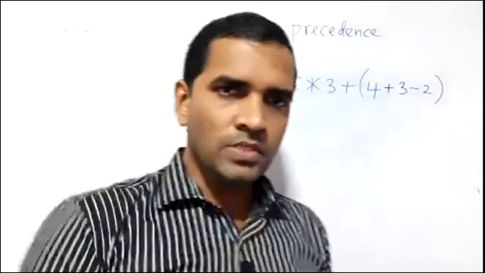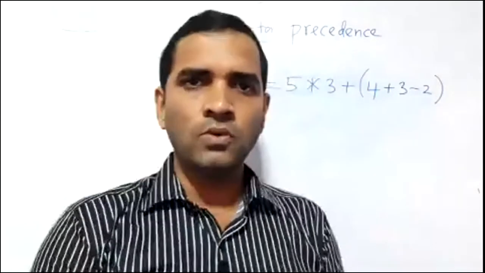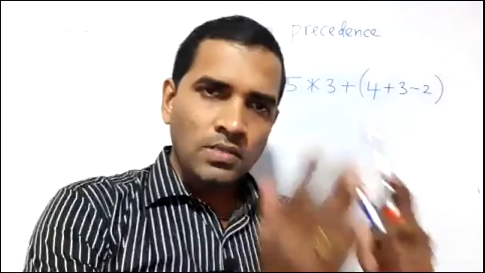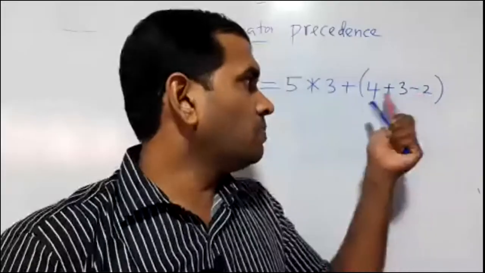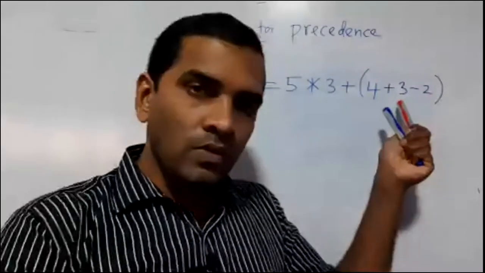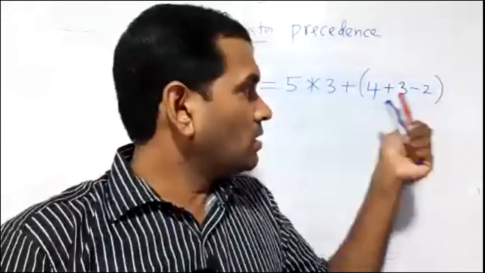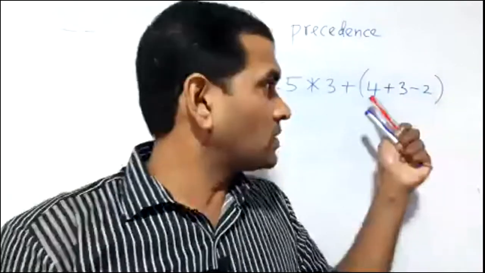I forgot to mention one thing. When two operators have equal priority, try performing the operator which comes first. So here plus and minus both have equal priority, but in this expression, plus is in front of minus.